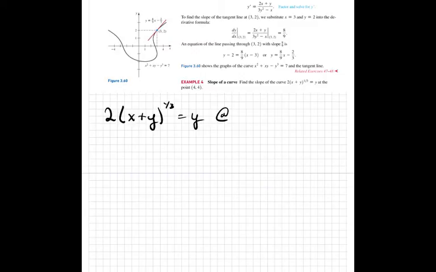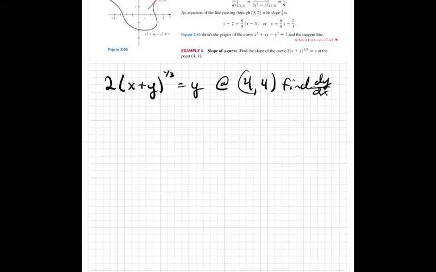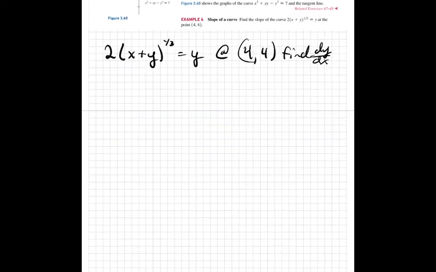At the point 4 comma 4, we want to find dy by dx. Okay. So let me work down here on this next page. So the original we have is 2 times x plus y to the power of a third equals y.